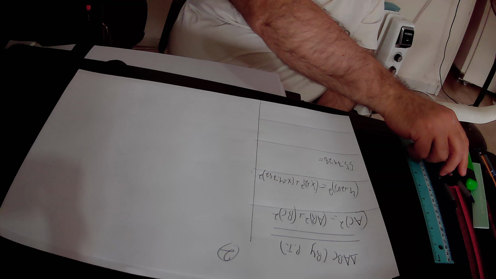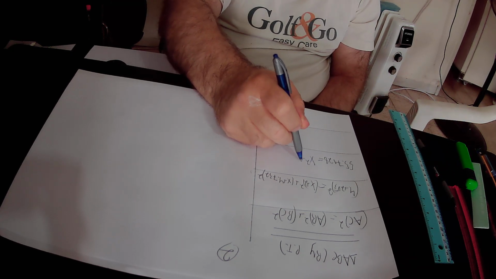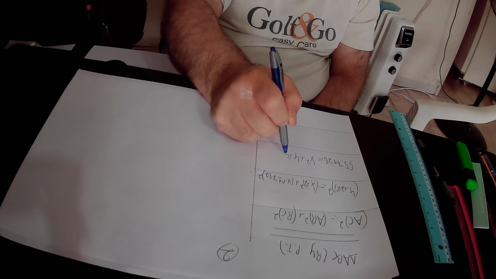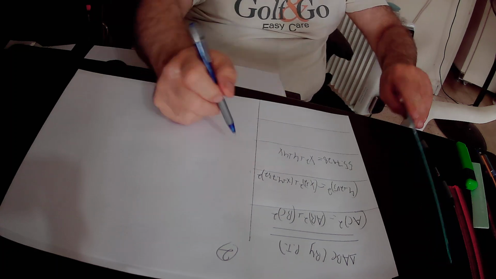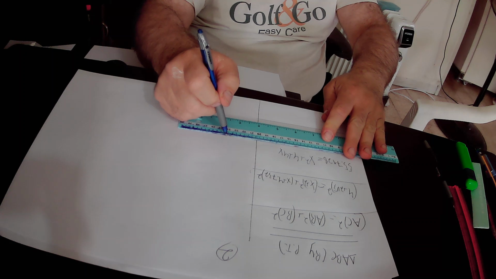And it equals x plus 2 squared. x plus 2 squared equals x squared plus 2 squared, that is 4, plus 2 times x times 2, that is 4x. And we also plus x plus 4.732 squared.